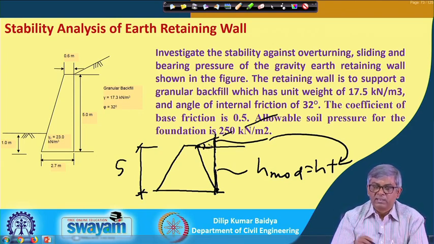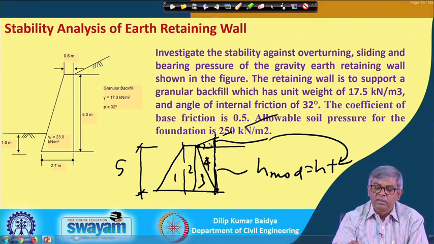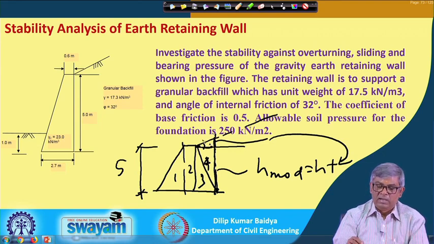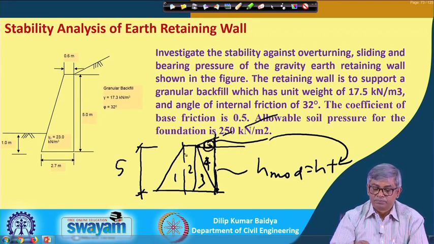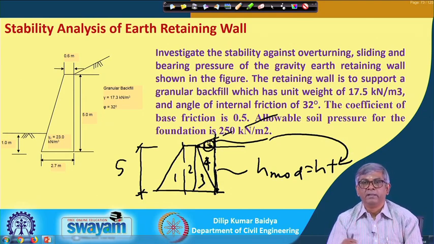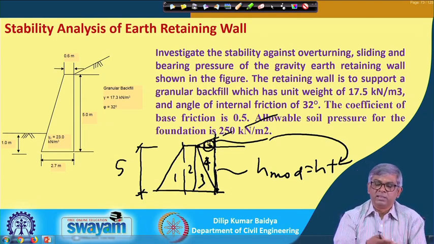If this is the type of problem, then again I will do it in a similar way: this is 1, this is 2, this is 3, and this will be 3, this will be 4, and you can ignore either this weight or you can consider another part 5 also. Like that, I will take the components 1, 2, 3, 4, 5, and then the rest of the calculation is similar.